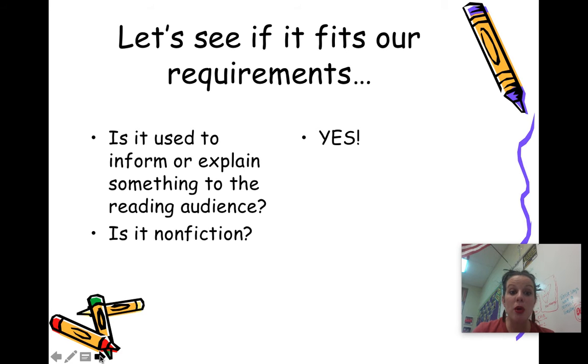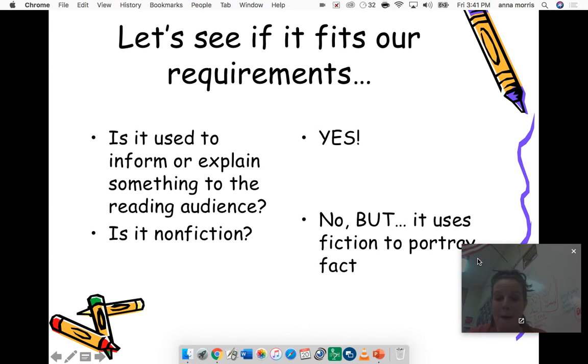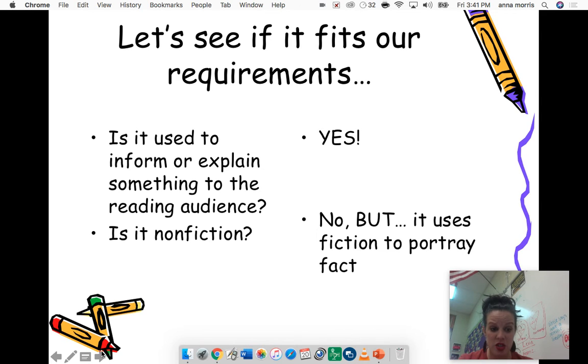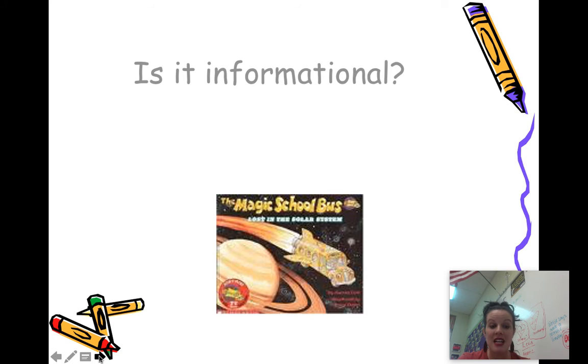Yes, the book is used to inform or explain something to us. But is it nonfiction? No, but it does use fiction to portray some facts. So is it informational? Yes.